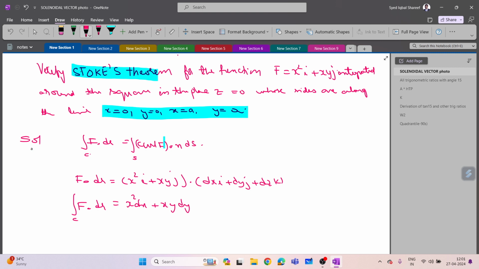Now the sides are x equal to 0, x equal to a. If you draw the diagram, x equal to a, y equal to 0 on the x-axis, and this is both a, and this will be x is 0, y is a.